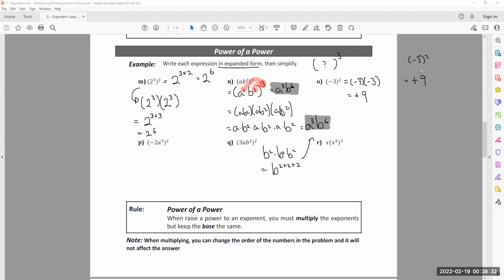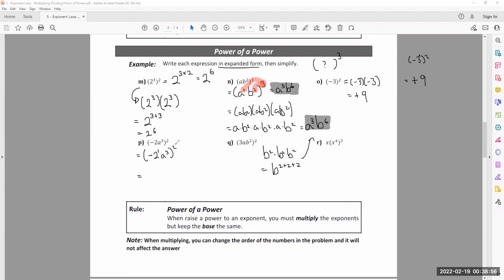I think this is a fairly decent shortcut way to apply power of power law, but you may not think so. Let's see it in action in P. Okay, let's try this. You can multiply this out, or you can think about this as a -2 to the power of 1, a to the power of 3 squared. Ready?